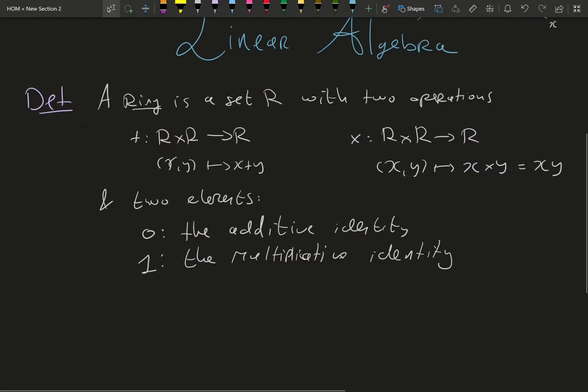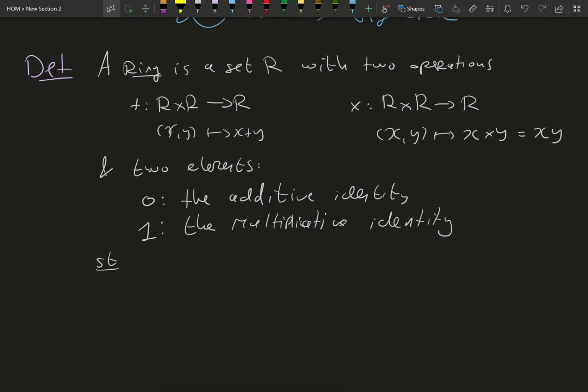So this is all the data of a ring, but then you want to satisfy some axioms. First of all, you want that the set R with this binary operation addition and the additive identity is an abelian group.